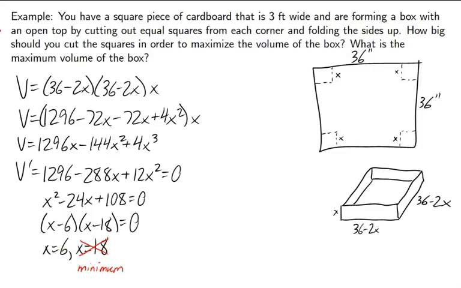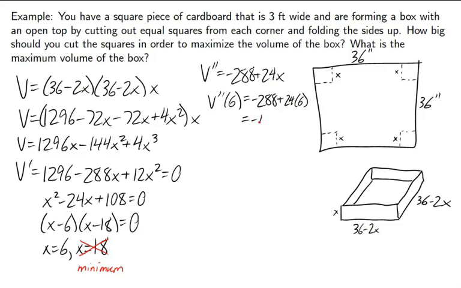Let's go ahead and calculate the second derivative real quick. V double prime would be negative 288 plus 24x. And notice if you plug in 6, you end up getting negative 288 plus 24 times 6.